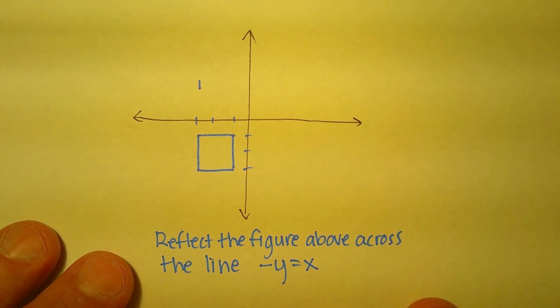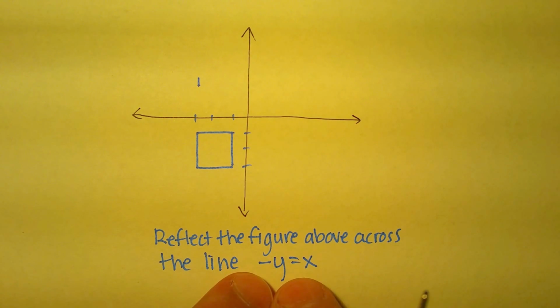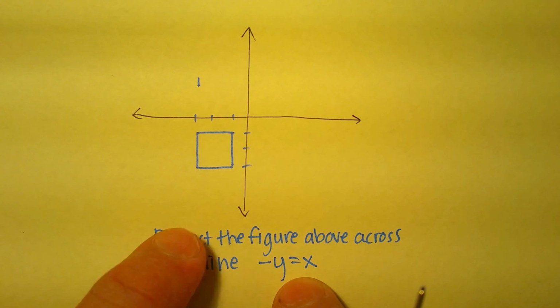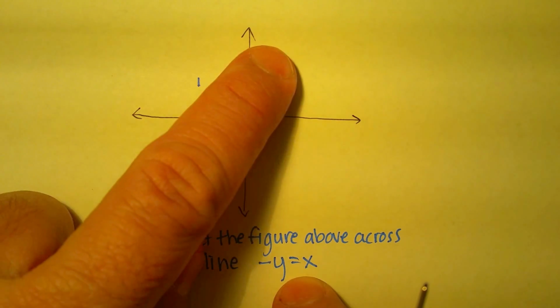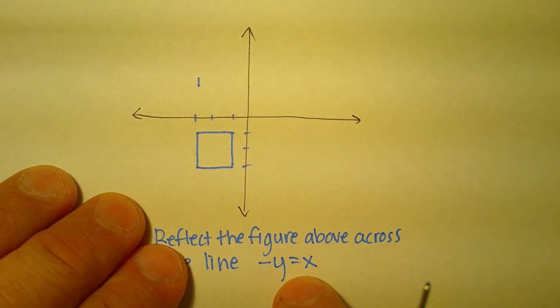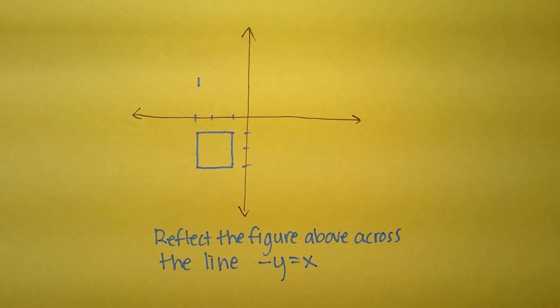Okay, stop the video at this point. See if you can first come up with what this line of reflection is, and then see if you can translate it into the quadrant where it should become. All right, so I'll give you a couple minutes.